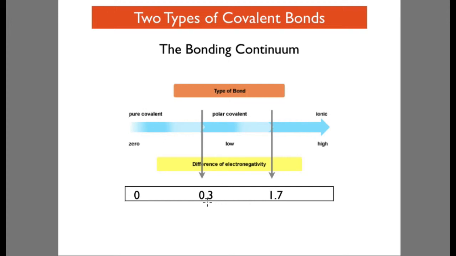If the difference in electronegativity of two atoms is between 0.3 and 1.7, then that's polar covalent. If the difference between two atoms is above 1.7, then ionic. Have a look at this. So below 0.3, pure covalent. Between 0.3 and 1.7, polar covalent. Above 1.7, ionic.